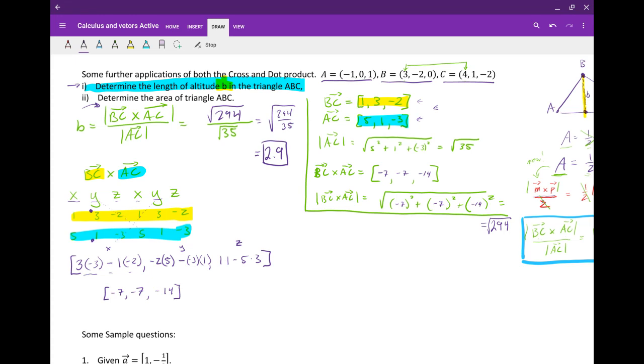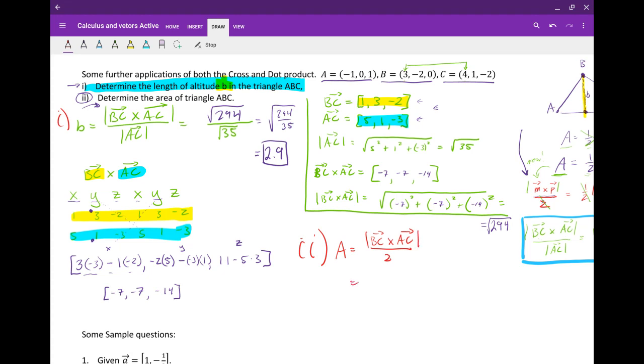Whereas the area of the triangle ABC, we actually inadvertently already solved that question. So part II, this is part I, okay? Part II is essentially, remember, the area of a triangle is the magnitude of the cross product BC cross AC divided by 2.